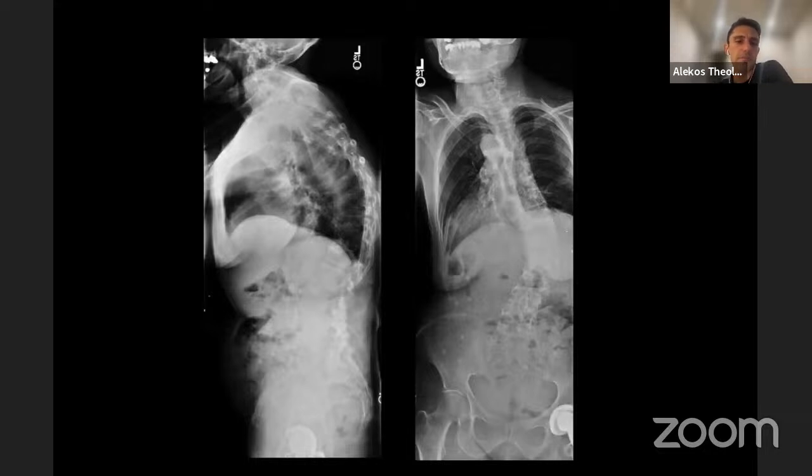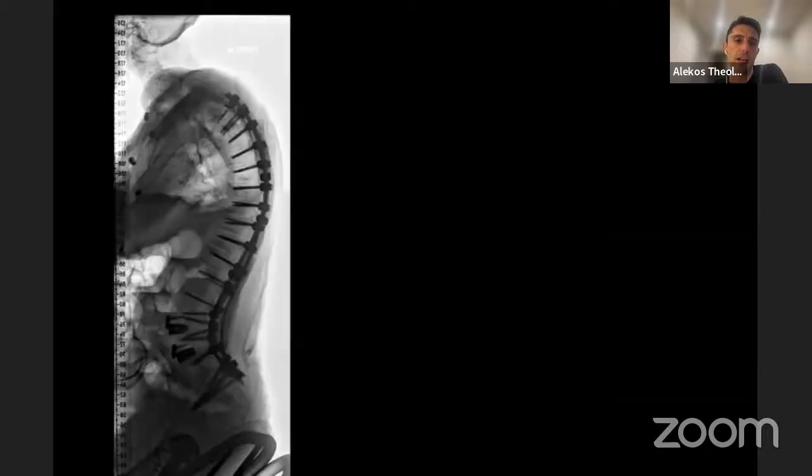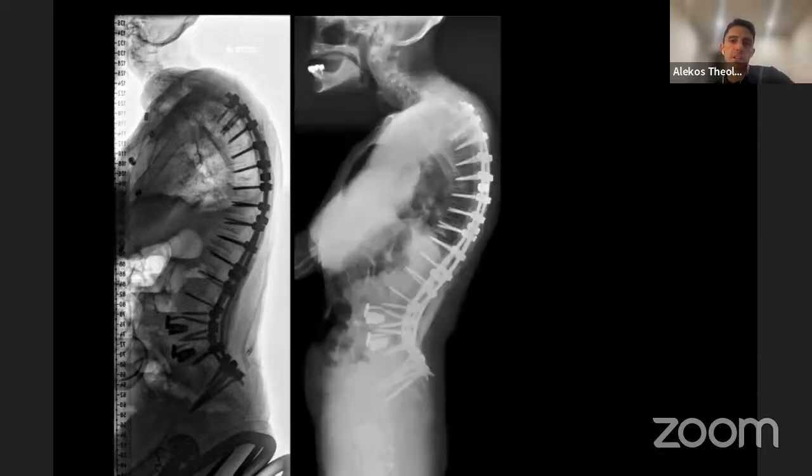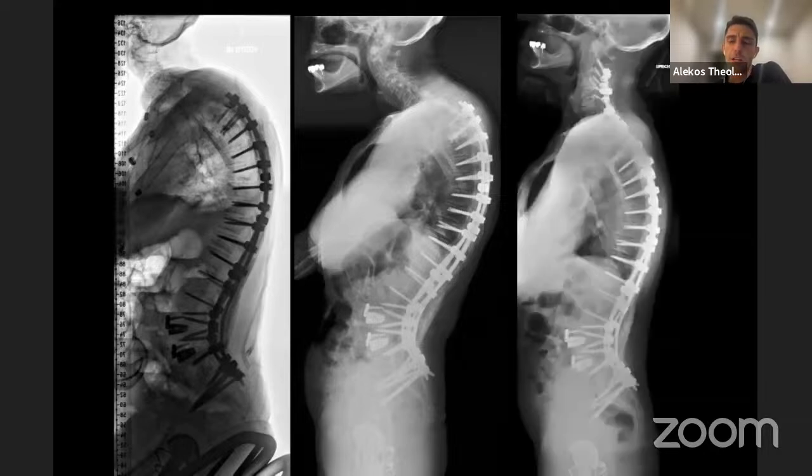There's a lady with a pretty significant thoracolumbar scoliosis, thoracolumbar kyphosis, and then also a subaxial issue. We did initially upper thoracic to pelvis, and she developed PJK, or just residual cervicothoracic subaxial deformity. She was not content with her posture, so we extended her up to C2.